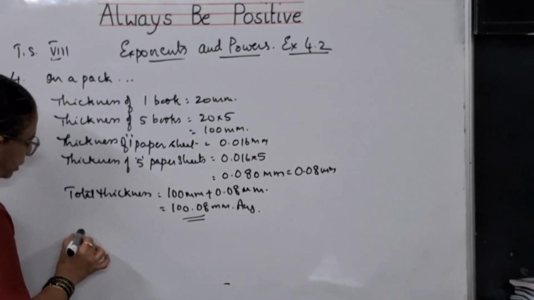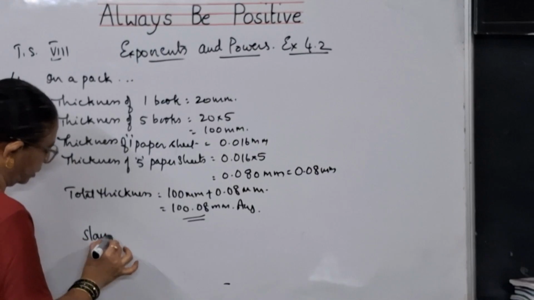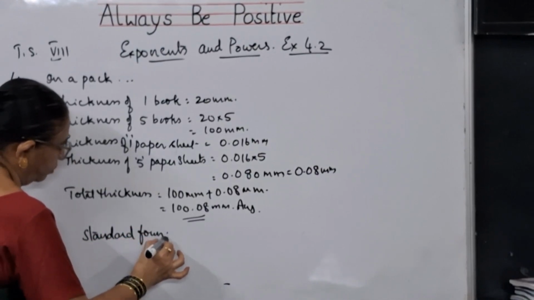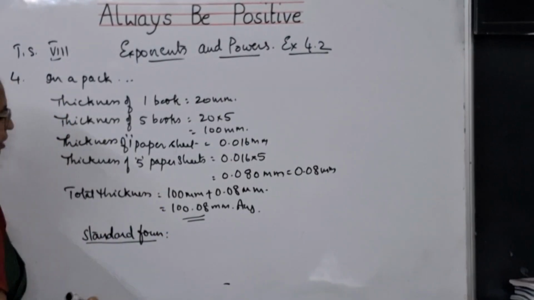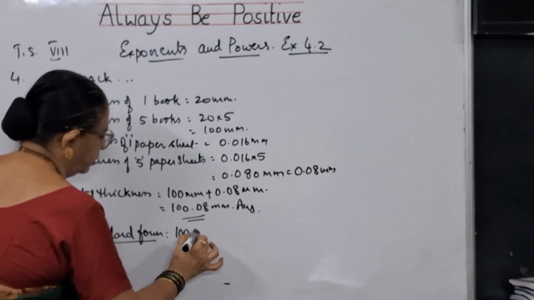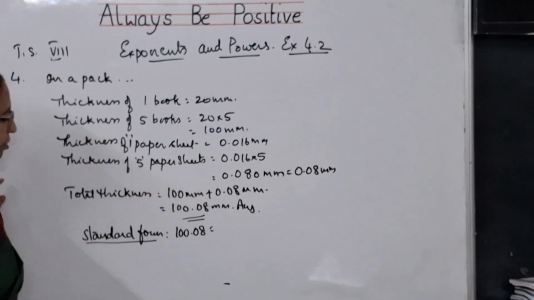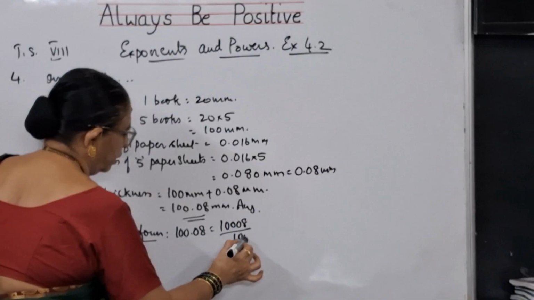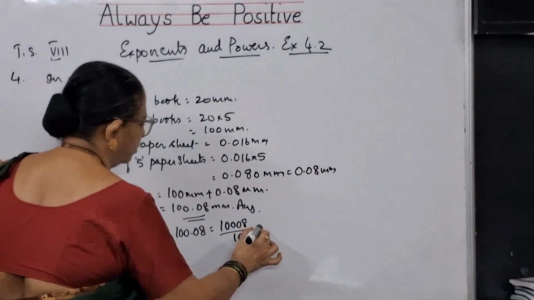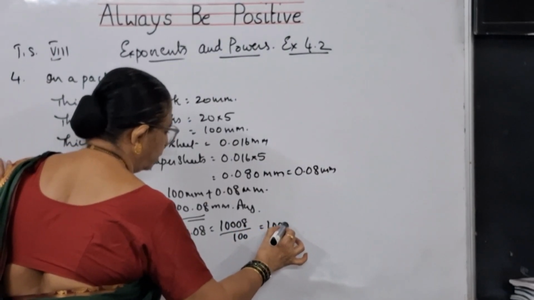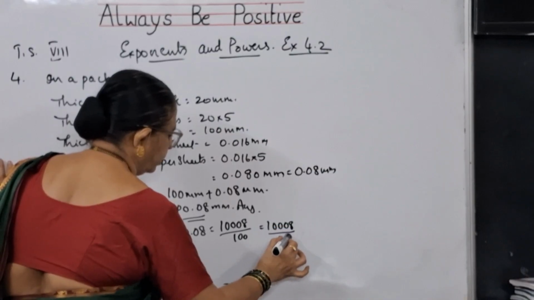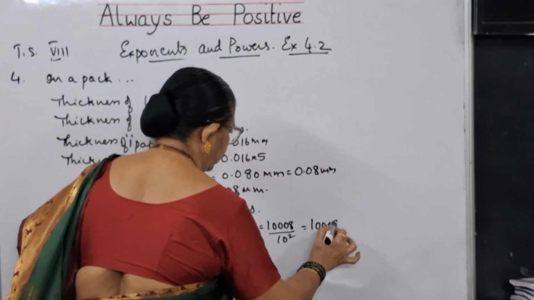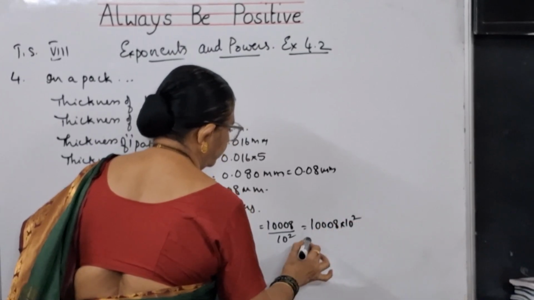But in case they ask you to write the answer in standard form, 100.08 can be written as 10008 by 100. That means 10008 by 10 square, that is 10008 into 10 to the power of minus 2.